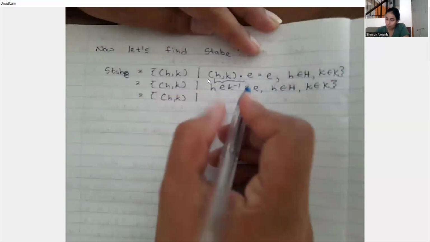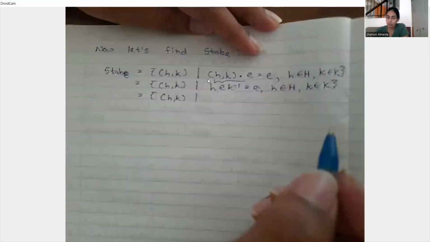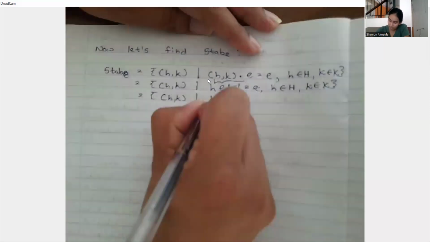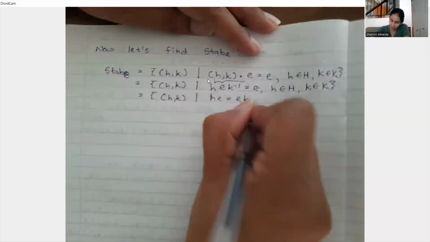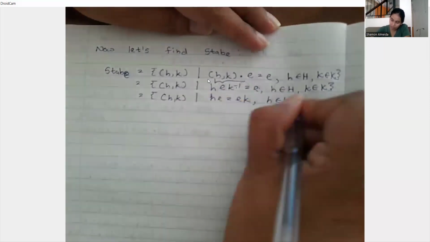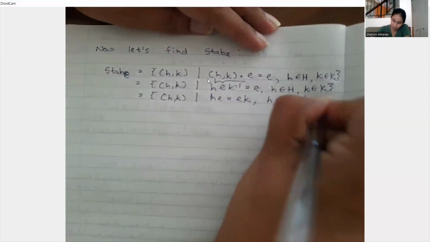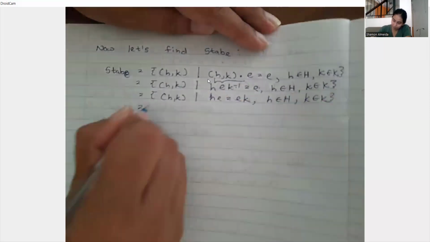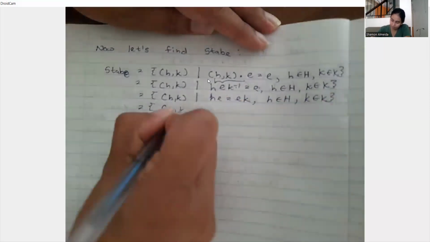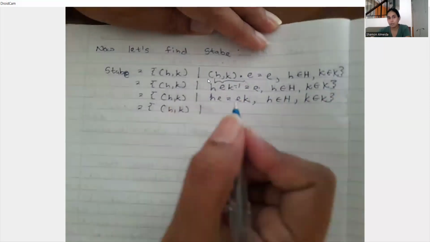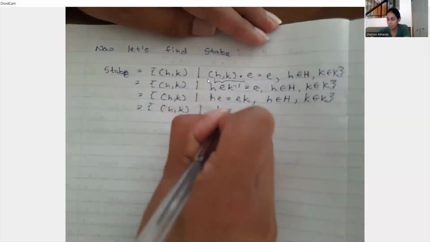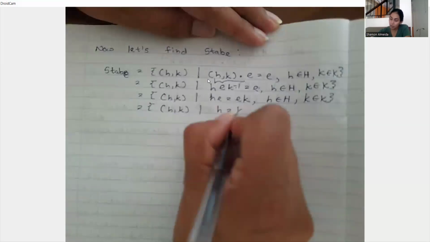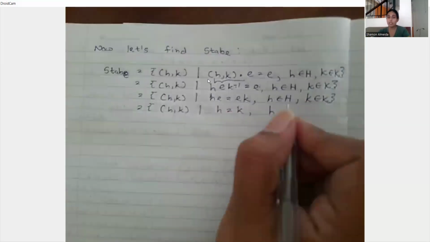Now multiplying both sides in this equation on the right by K, we see that HE is equal to EK, where H is taken from H, K is taken from K. HE, H times the identity, by definition of the identity is simply the element H, E times K is K. Now we see that H is equal to K.